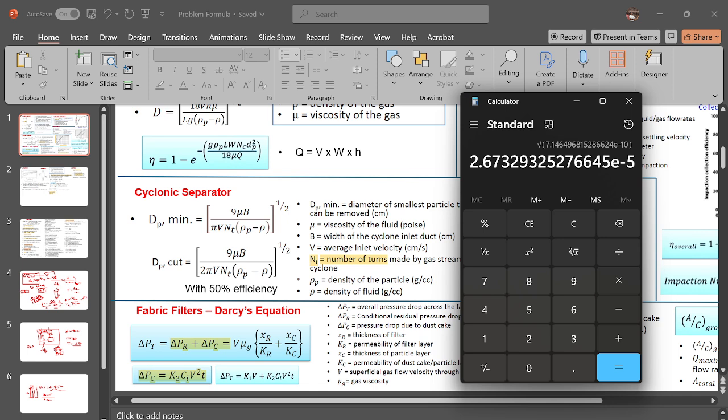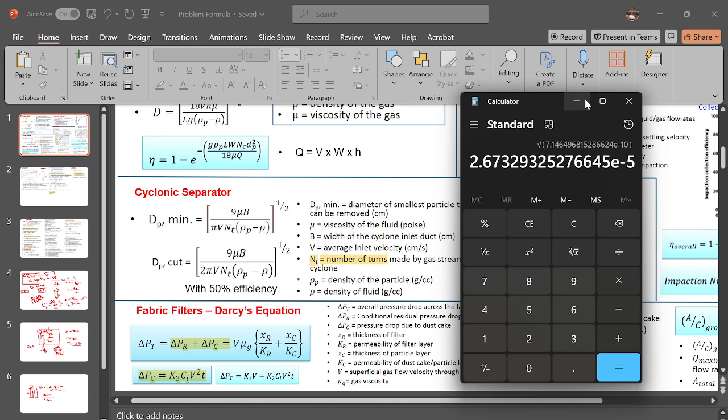Let me write and solve it on paper. 9 into mu, which is 0.0748 divided by 3600 in seconds, into B, which is 0.2. Am I missing anything? Just check.